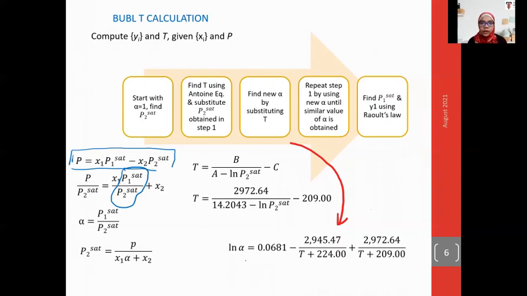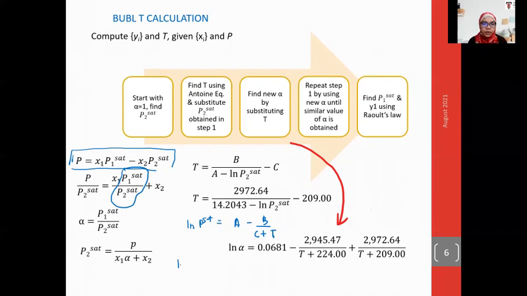Okay, how can we get this? We know that ln P saturation equals A minus B over C plus temperature. So you can rearrange this. Since we have alpha based on P1 saturation over P2 saturation, we have ln alpha.